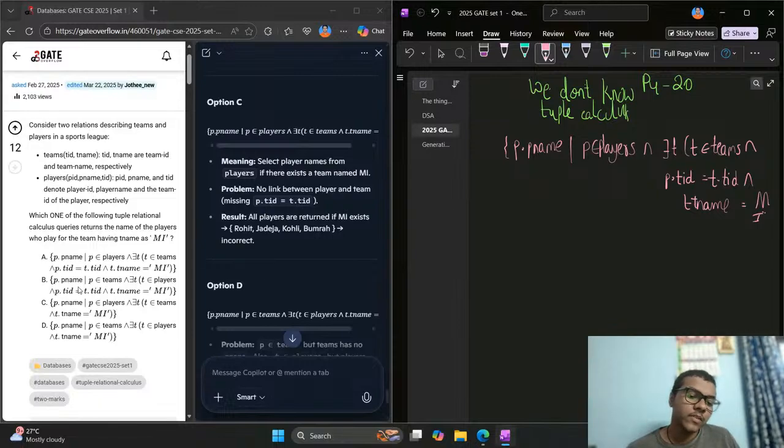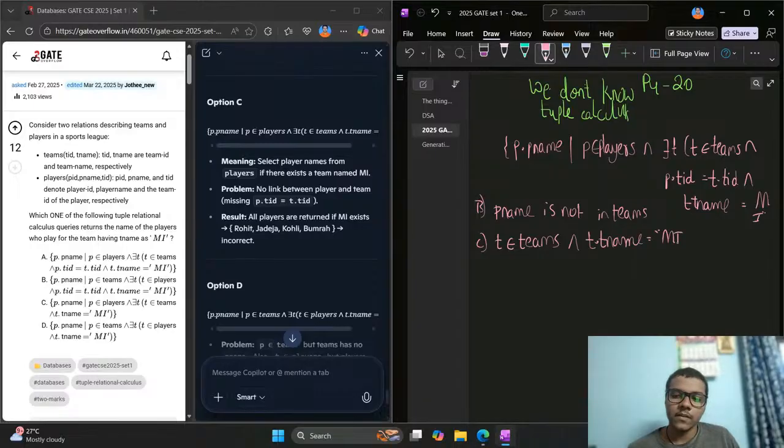Okay, the problem with the second one is P name is not in T. That is a problem with the second one. And with the third one, T belongs to teams and T dot T name is equal to MI. All players of MI are returned. Okay, don't confuse with players.